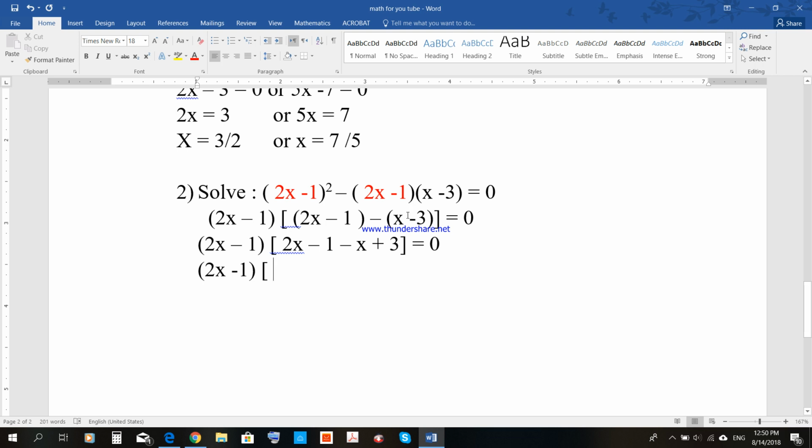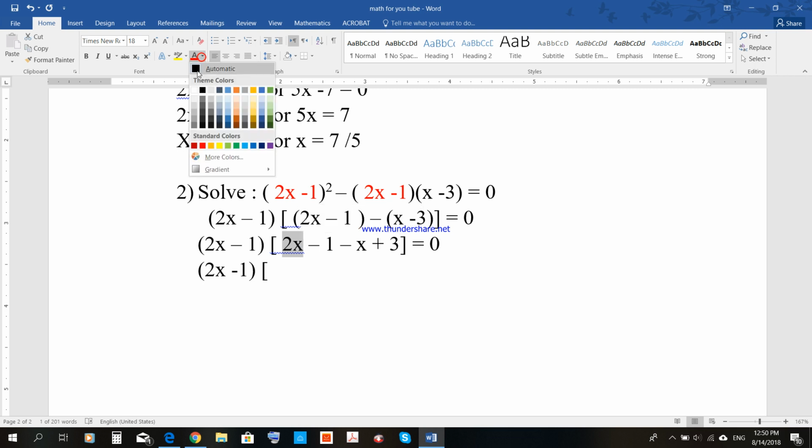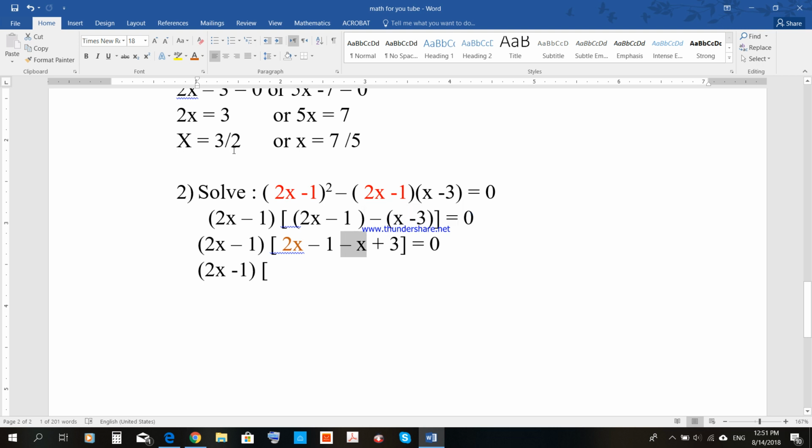Here we have 2x and also minus x, like terms, so I can subtract them.